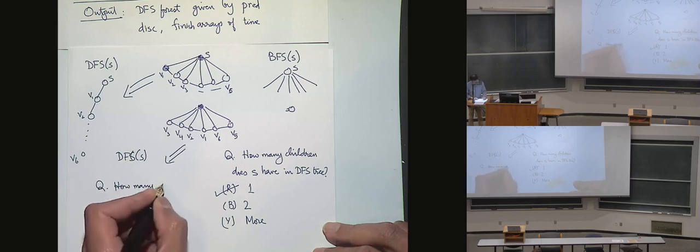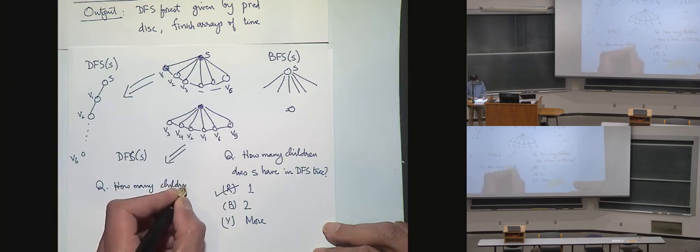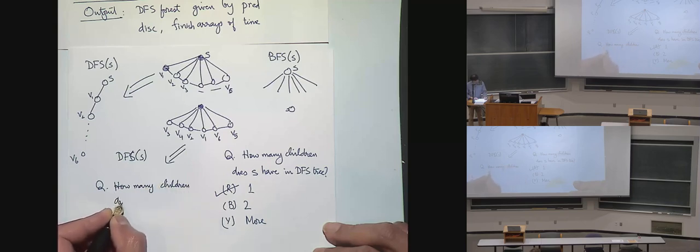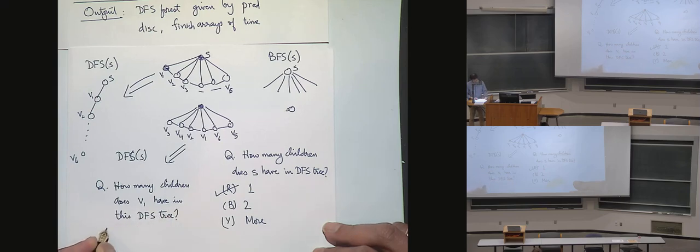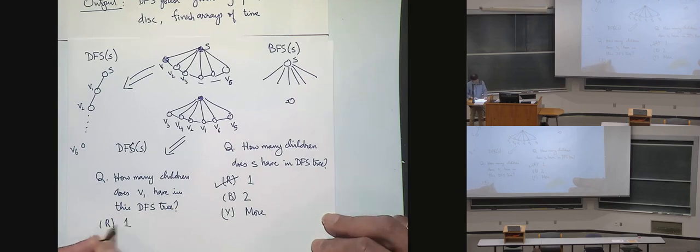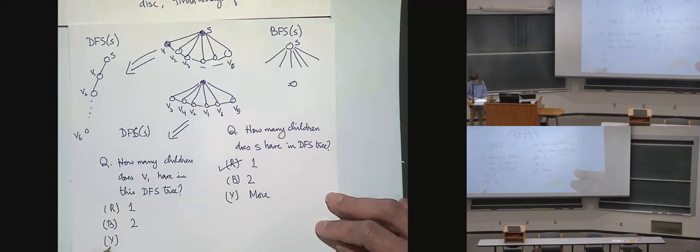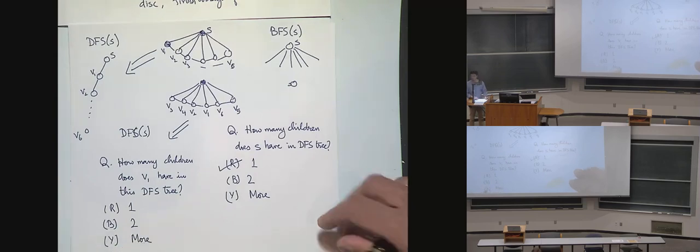How many children does V1 have in this DFS tree? Can I say 1, 2, or is it more?